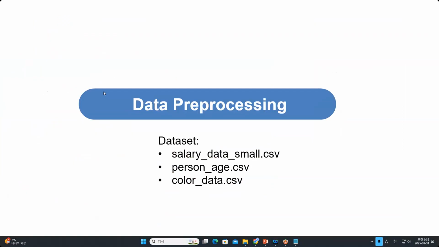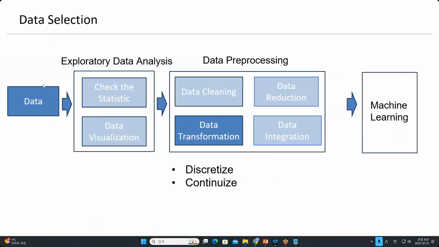So for this section, I'm going to use three kinds of data. You can check on the class. There are three data: salary data, small, and then person age, and then the color data. If you still remember the flow, when you have your data, first check your EDA.